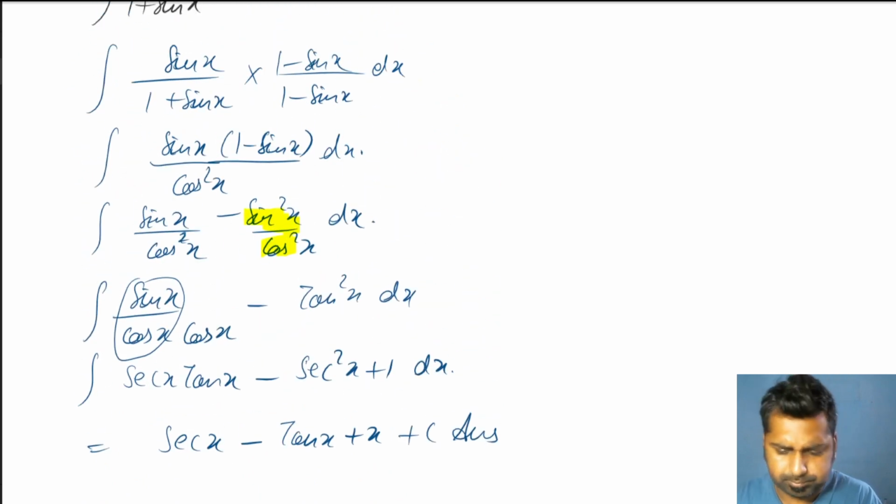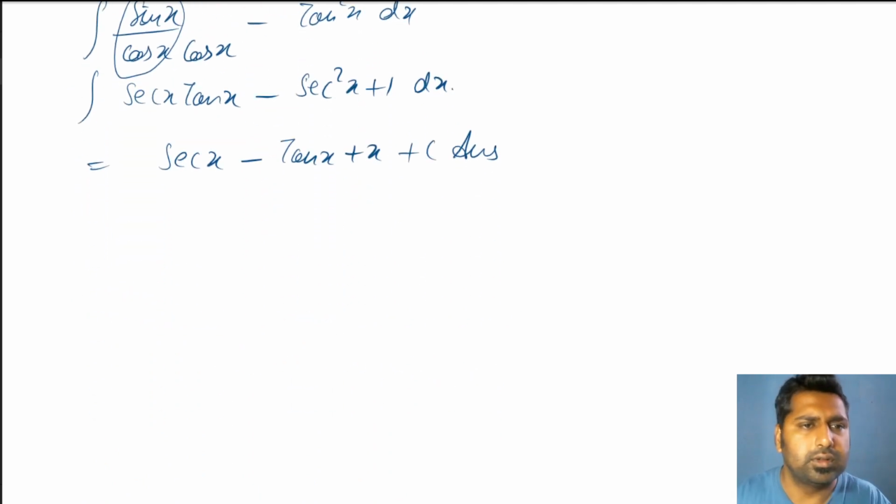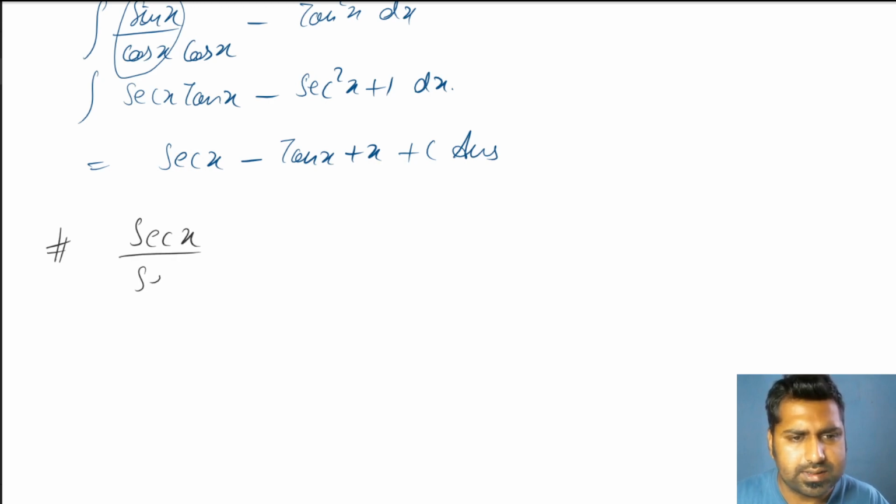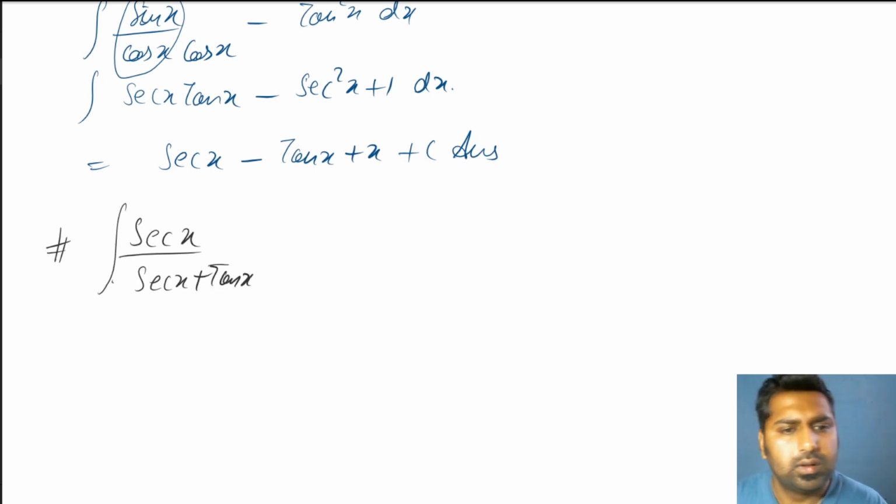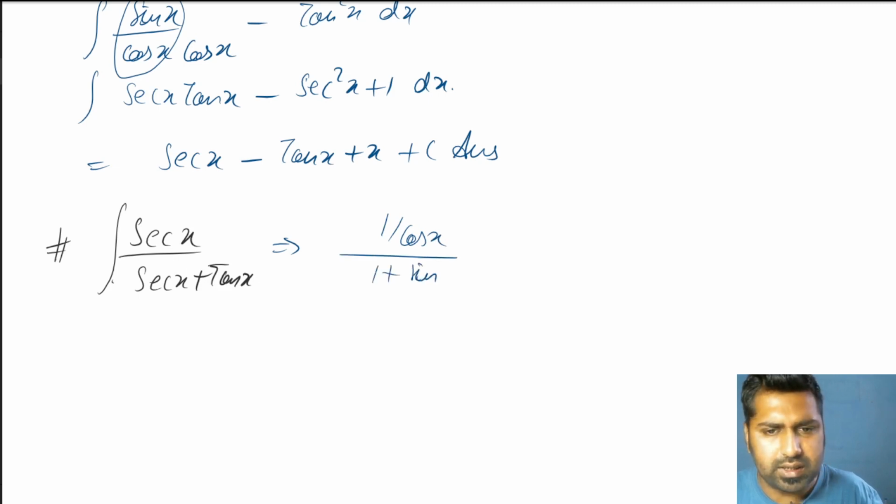Okay. One more kind of variation in this concept of rationalization, sec x upon sec x plus tan x. Okay. Integration. Either you can go for the direct rationalization, or how will you see this as a rationalization? You can literally convert this into sine cos. This becomes 1 upon cos. Denominator becomes 1 plus sine by cos.